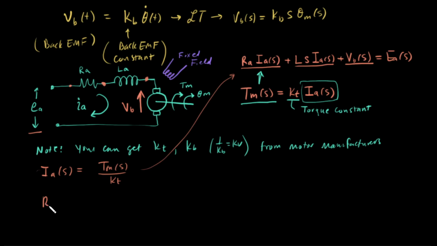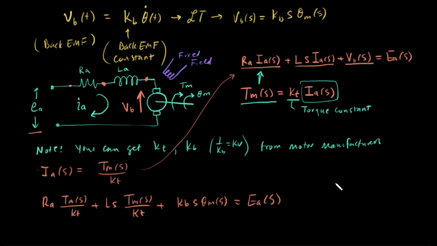If we do that, we get RA times Tm of S over KT plus LS Tm of S over KT plus KB S theta M of S is equal to EA of S.